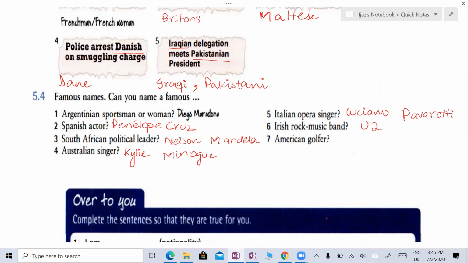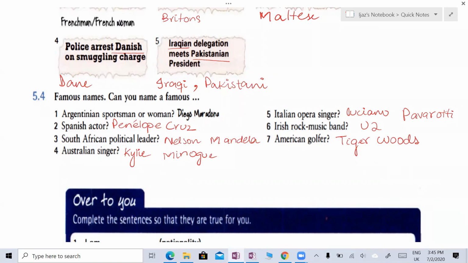He is like a tiger. Does anything come to your mind? Tiger Woods is very famous. These days we don't see him very often, but he is a world famous golf player.